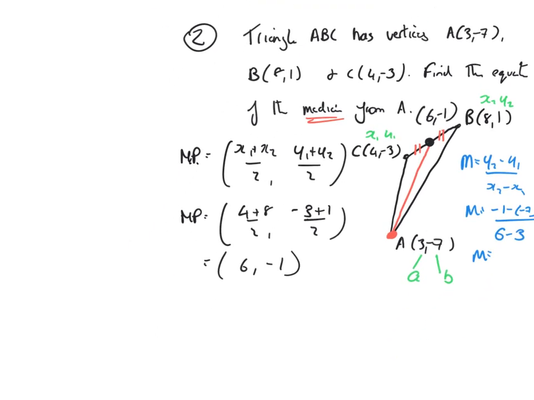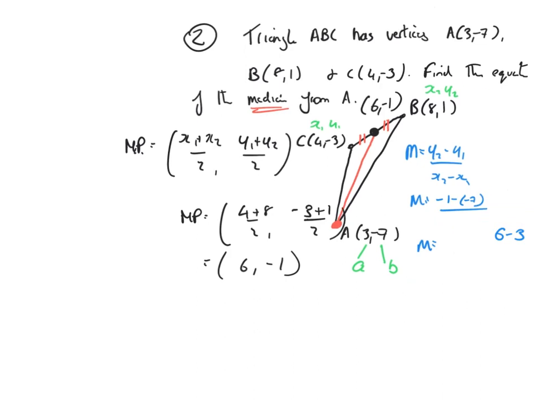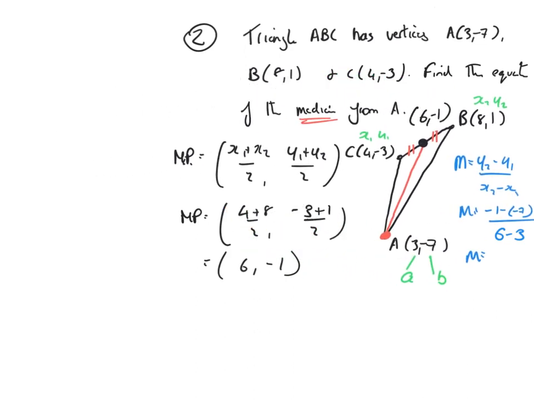Okay, so minus 1 minus minus 7, that's minus 1 plus 7, over 6 minus 3 is 3. Minus 1 plus 7, take your time with that. Really take your time with that. That's 6. 6 over 3, and the gradient of the line is 2. The gradient of the line is 2.